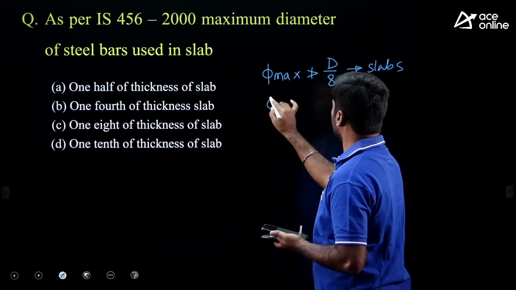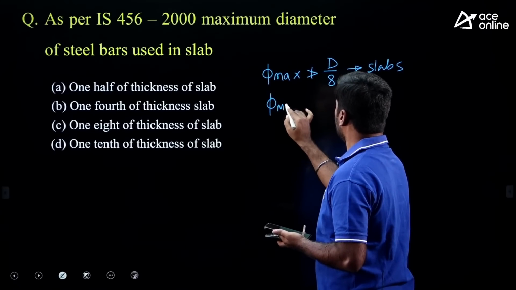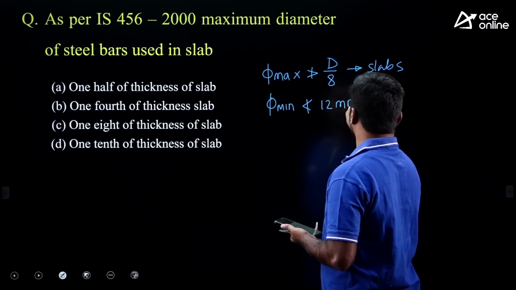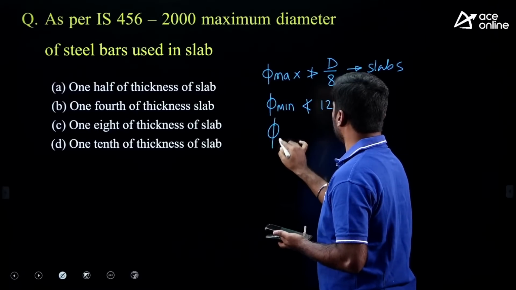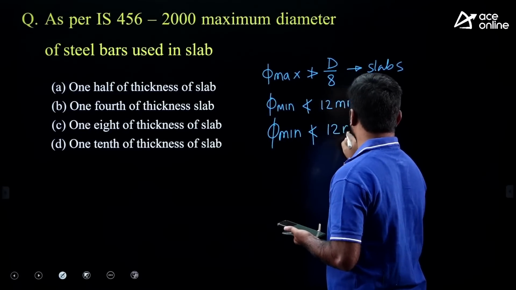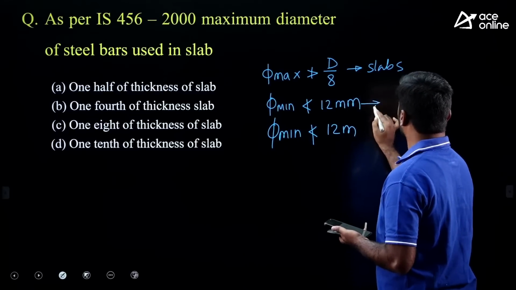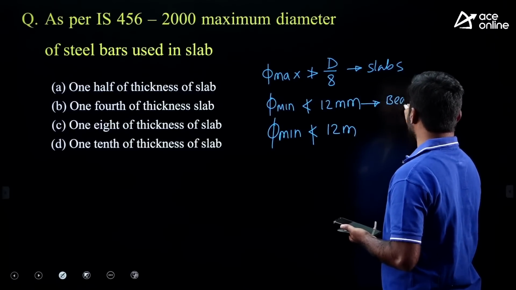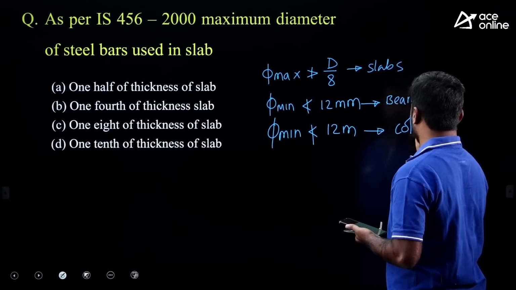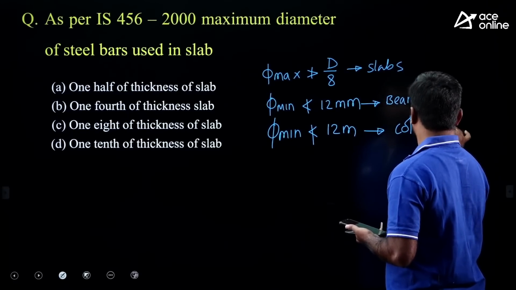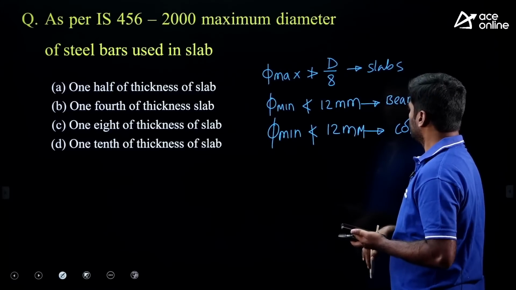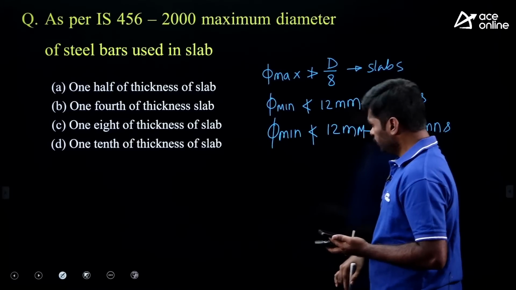Whereas in beams, minimum diameter requirement, it is not less than 12 mm. In columns, minimum diameter requirement is there, it is not less than 12 mm. In columns, for longitudinal steel, minimum diameter 12 mm.